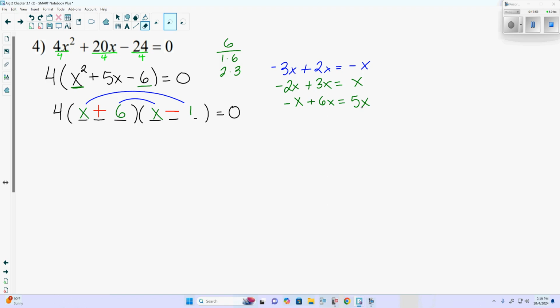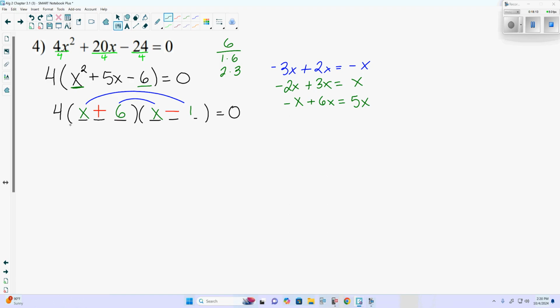So 4 times x plus 6 times x minus 1 are our correct factors. Questions on this so far? So do we have 2 or more things multiplied together to equal 0? So what has to be 0?